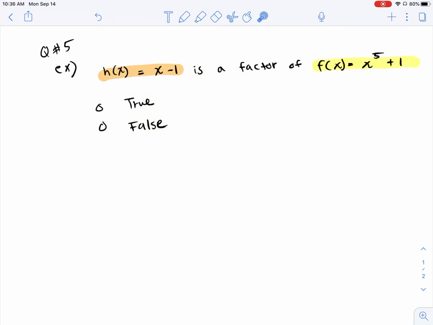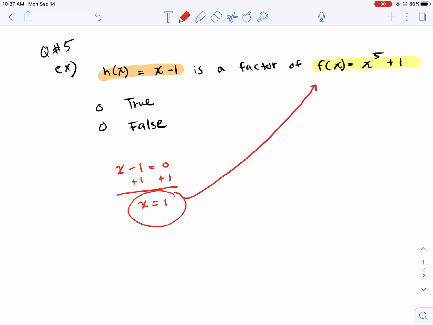This time, unlike our previous equation, we don't know how to factor this. So we're going to first solve for this x here. We have x minus 1 equal to 0. Solve for x. x is equal to 1. Now if we substitute this number in and it equals 0, then it's a factor.